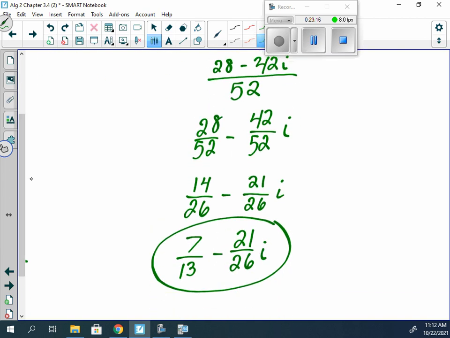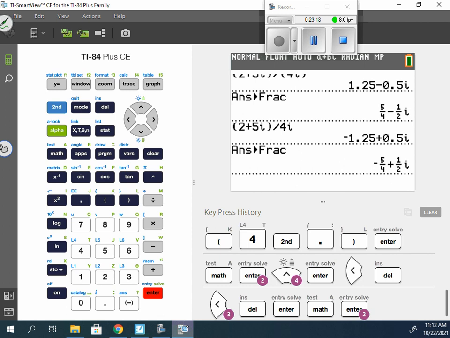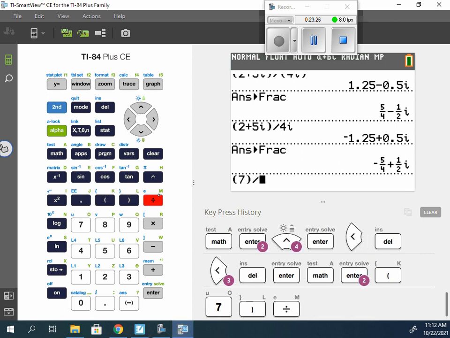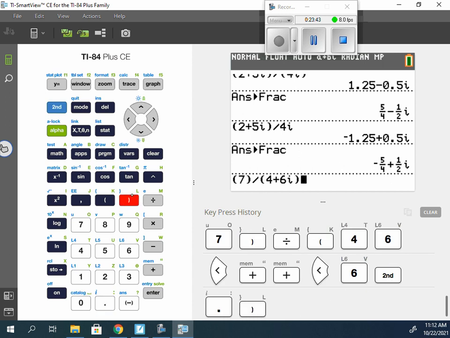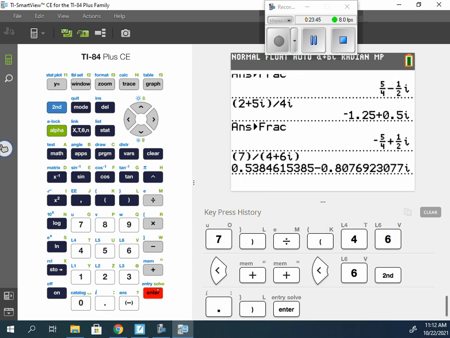4 plus 6i. Now, if we grab the graphing calculator, now we may or may not need the parentheses around the 7. What is it? 4 plus. Okay. 6, second, I, close parentheses, enter.